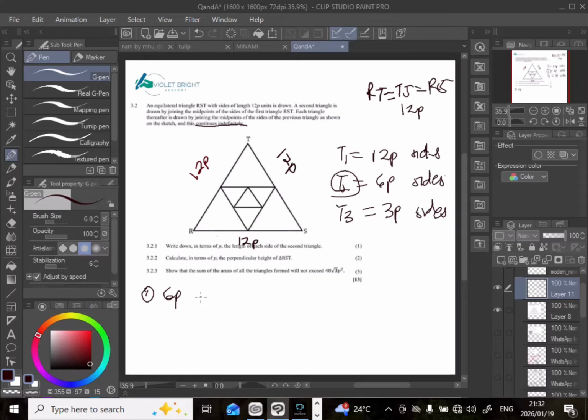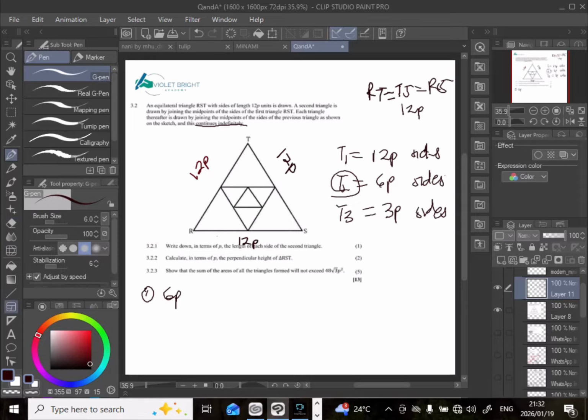So now calculate in terms of p the perpendicular height of RST. Now here is the tricky part.